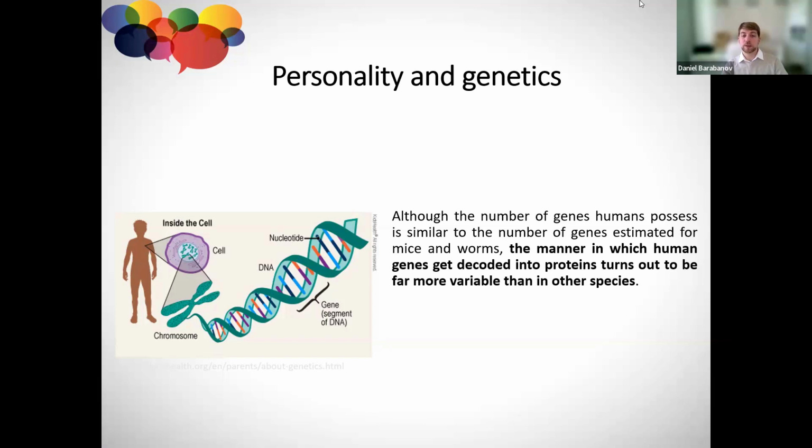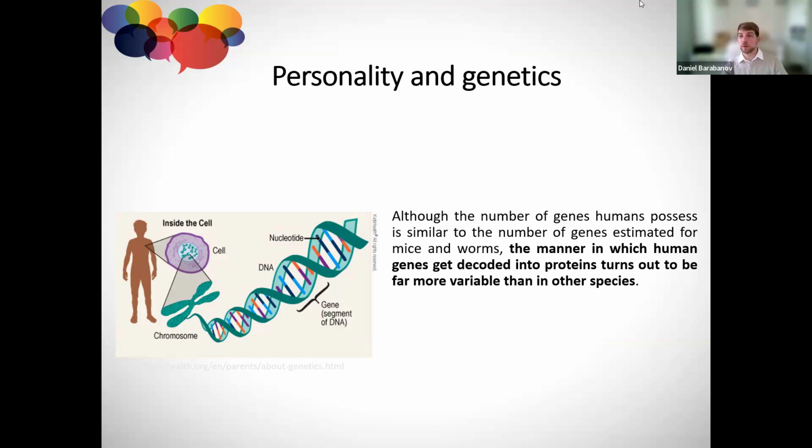So not only the number of genes is important, as I said before, the manner in which human genes get decoded into proteins is very different. It's far more variable than in other species. Our genes allow us to be decoded into proteins in many more different ways compared to other species like mice and worms we mentioned before.